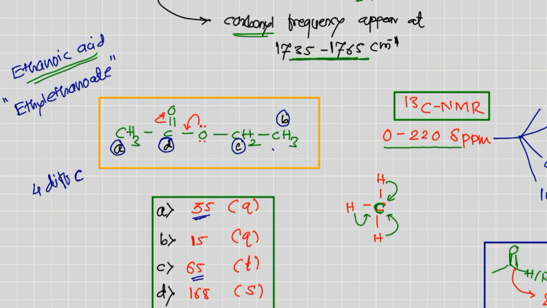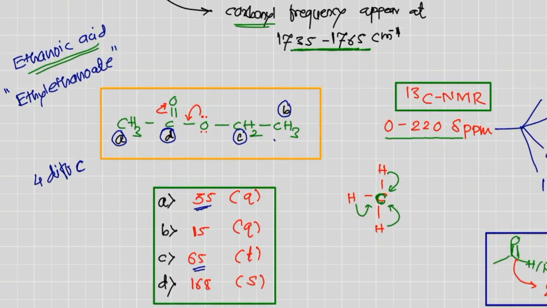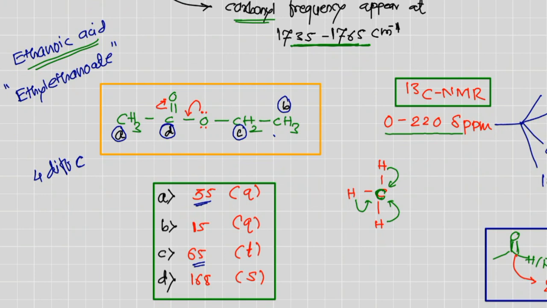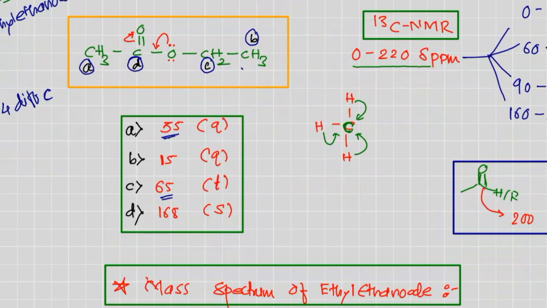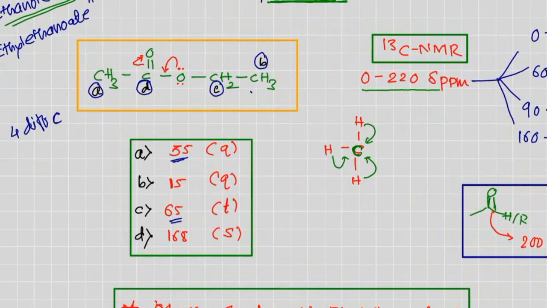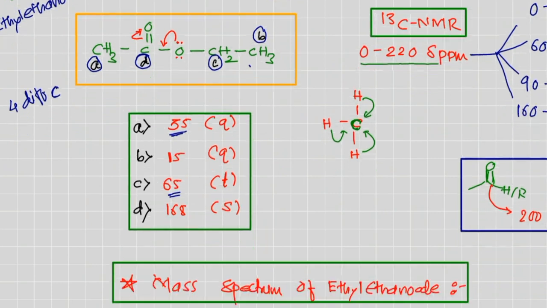The multiplicity must be a triplet because of 2 hydrogens. The last signal is D, and that is expected in the region of 160 to 170. This is because of conjugation, and this is an ester carbonyl. So these are the 4 different signals assigned, particularly in C13 NMR.